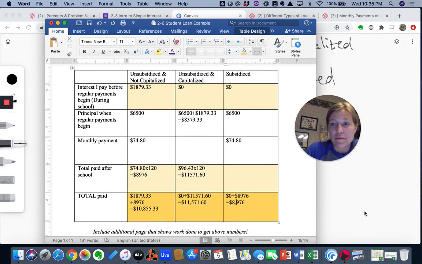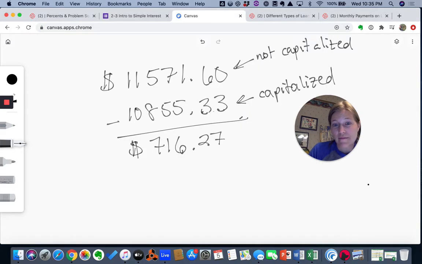I'd like to point out, if it's unsubsidized, you're paying for everything. It's just a question of now or later. If you pay that interest along the way, so it's not capitalized, the difference between these two options: here I'm paying the interest early, here I'm paying the interest later, mixed into those monthly payments.